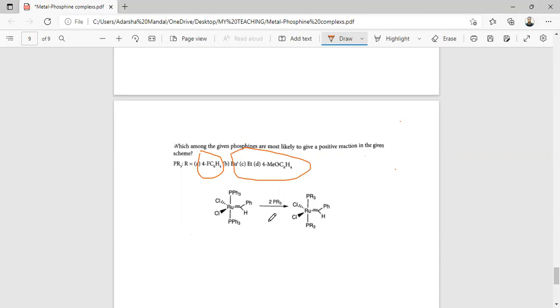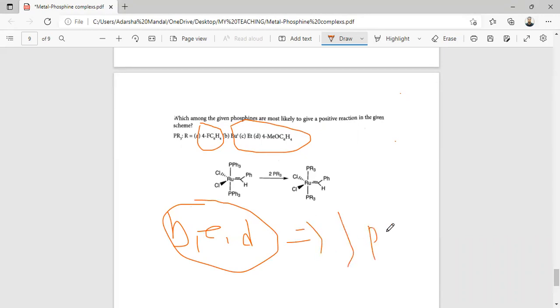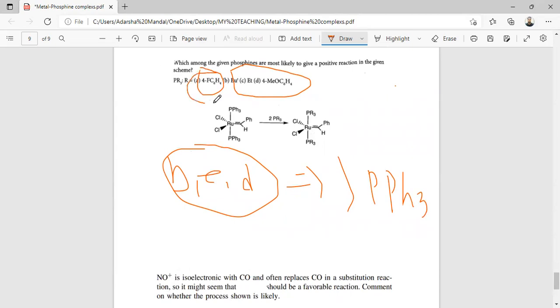So for these three cases the sigma donating property of the phosphine is higher, so our reaction will be more positive for B, C, D, due to the more basic nature of all three ligands compared to PPh3, but the reaction will be less favorable for the first ligand.